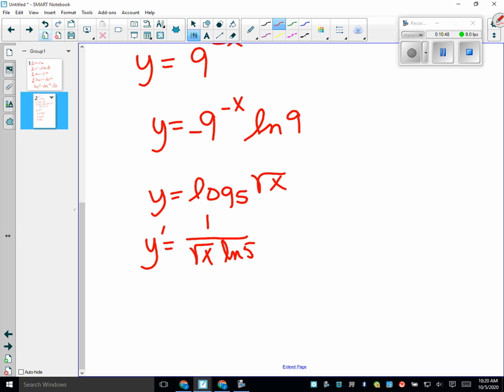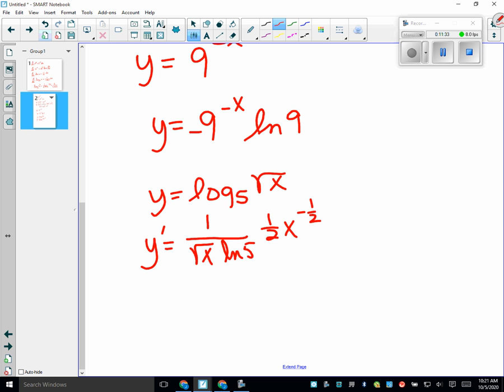Isn't that going to be multiplied by 1/2 x to the negative 1/2? Times x to the 1/2. What is it times? The derivative of u, 1/2 x to the negative 1/2. Because you have to have the derivative of the x. That's what I was trying to say.